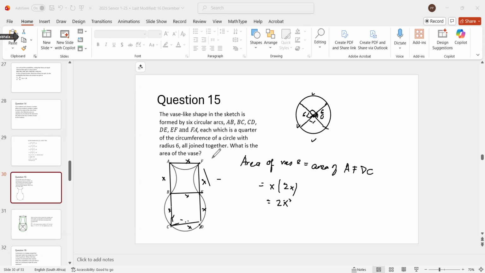All right. But we do know the radius is 6. The radius is 6. And this is your X here now.